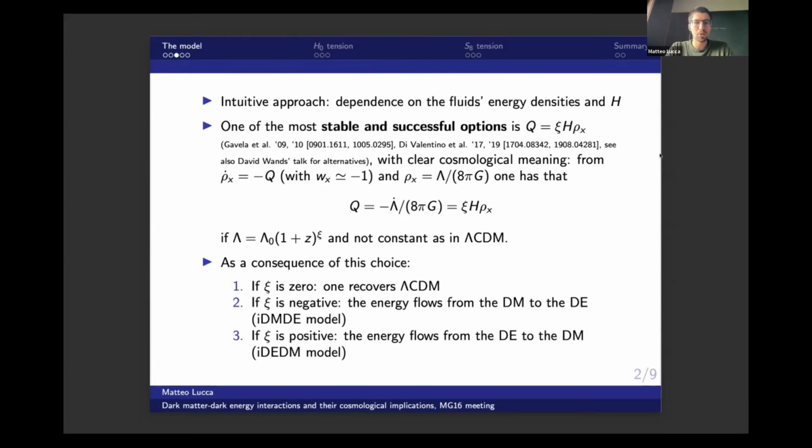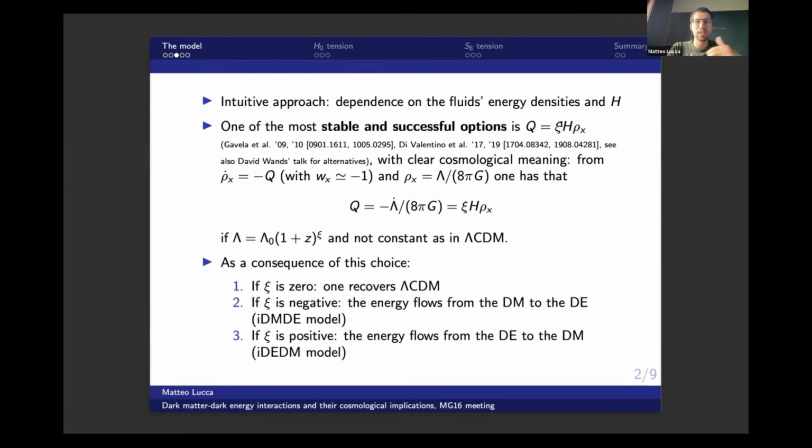Personally, one option that I find particularly interesting because of its stability and success is the one that involves the dark energy density. As has been pointed out in these references, Gavela et al. for instance, assuming the dark matter energy density can lead to early time instabilities when you're not careful enough in the choice of the dark energy density or in the choice of your parameter.